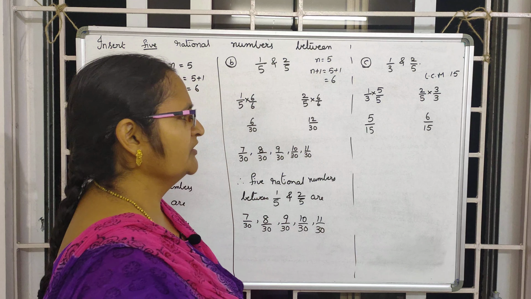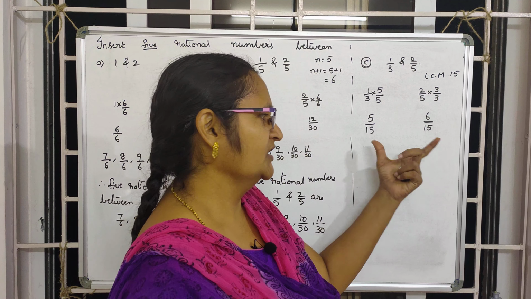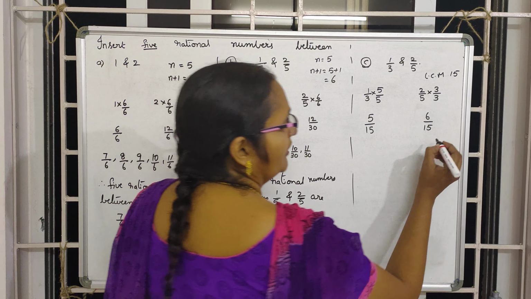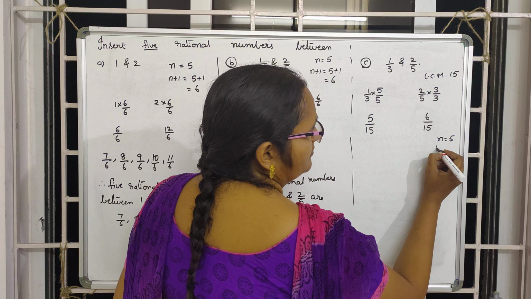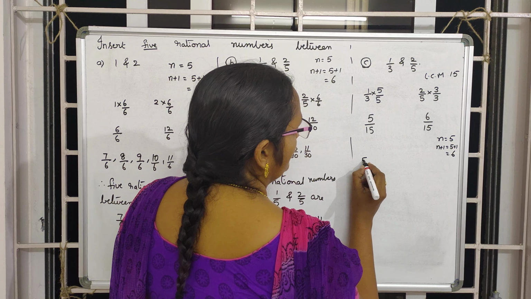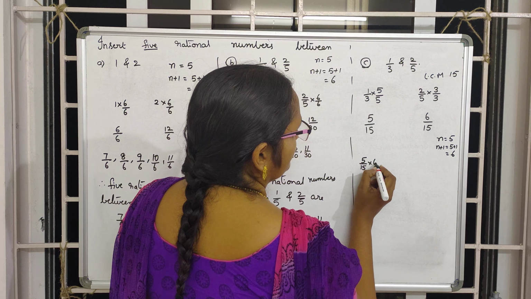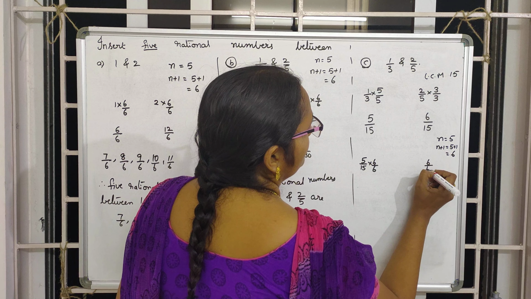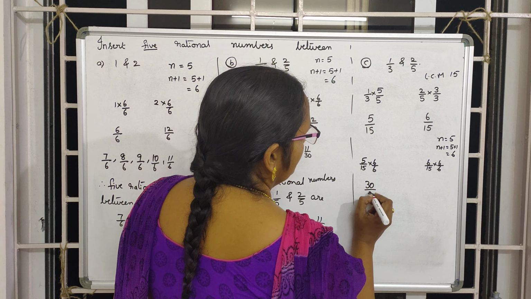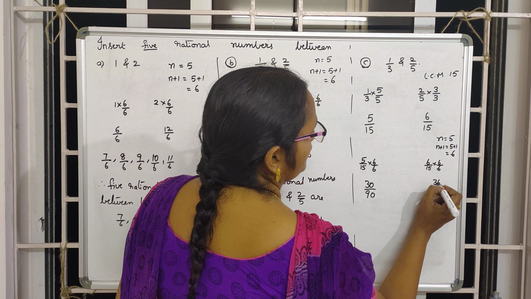Now in between 5 by 15 and 6 by 15, these two like fractions, we have to find 5 rational numbers. Now n value will become 5, then n plus 1 will become 5 plus 1, which is 6. So 5 by 15 times 6 upon 6 and 6 by 15 times 6 upon 6. That is 30 upon 90 and 36 upon 90.